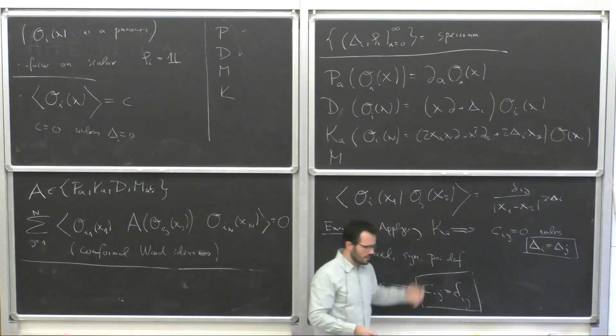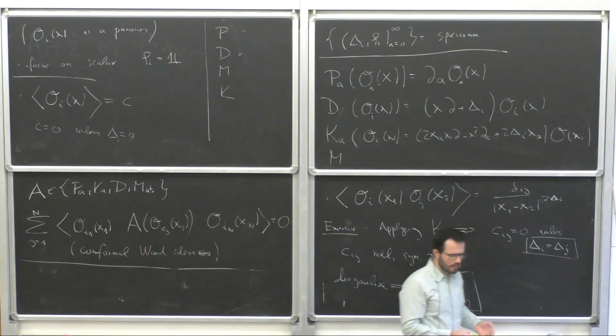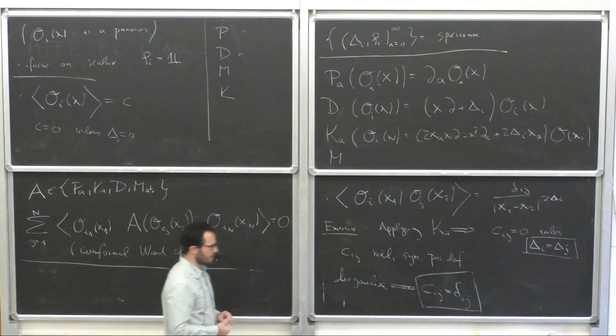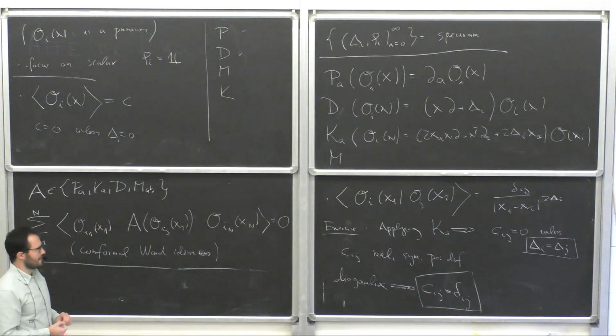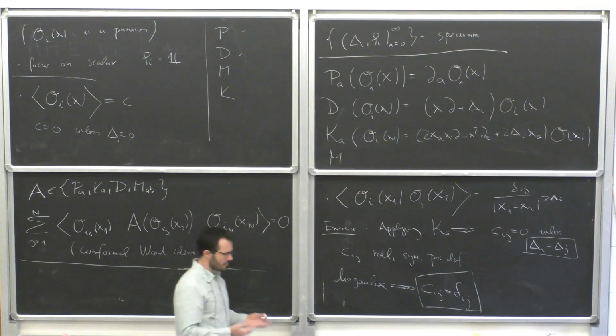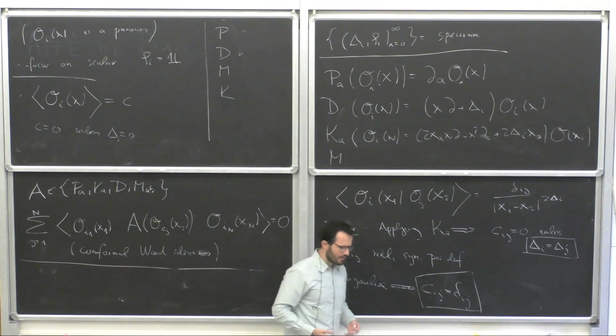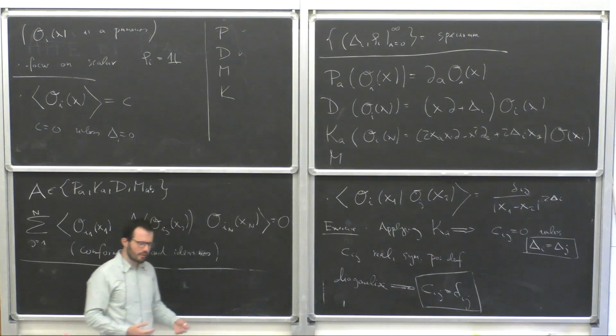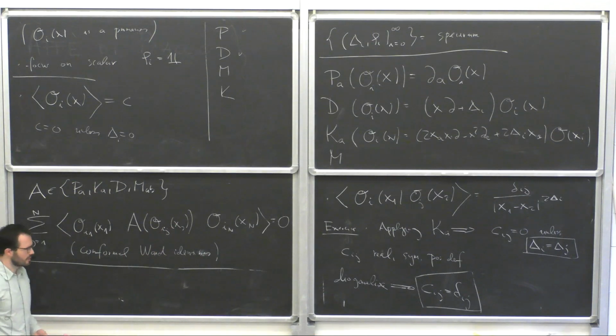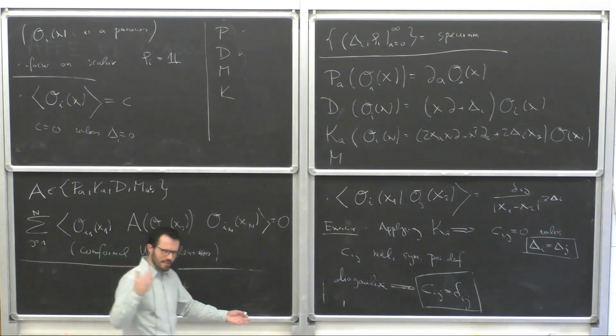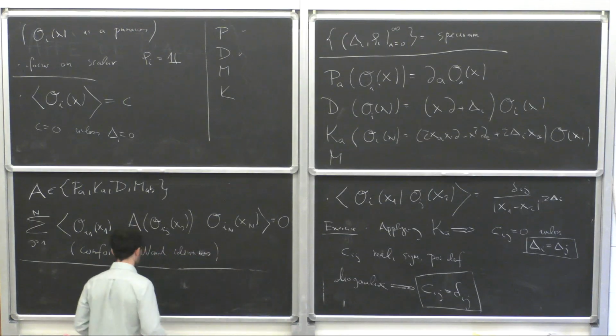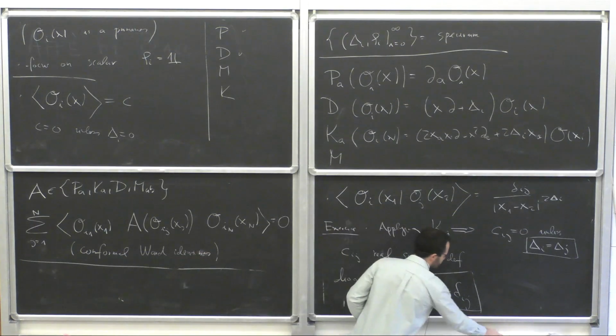There is a difference between linear transformations and bilinear forms. For linear transformations, you cannot change eigenvalues by conjugation, but for bilinear forms, you can rescale. And this is not a linear map, this is a bilinear form.